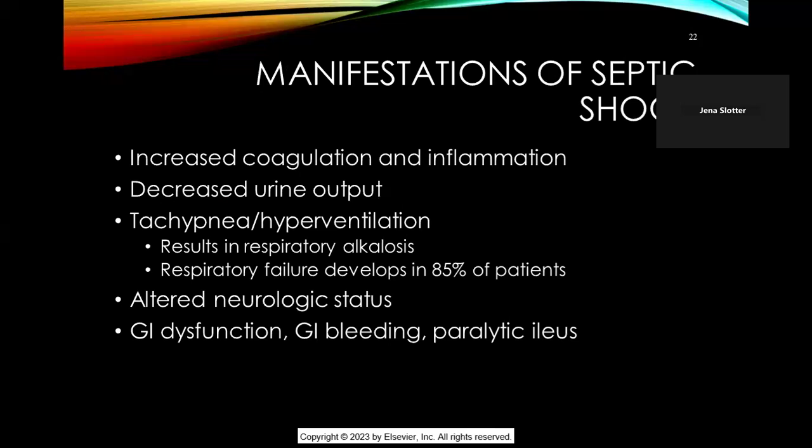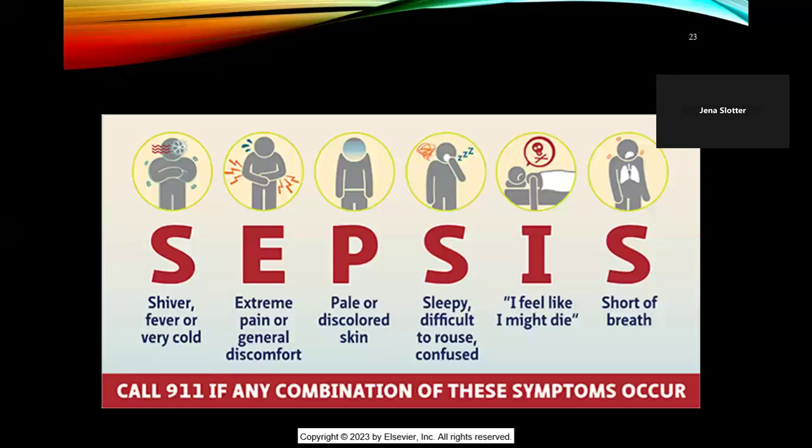They are going to have altered neurologic status. You're still going to have a lot of that GI dysfunction that you'll have with the others. You might see GI bleeding, you might see ileus. It's an emergency, just like the others. Sepsis is a big deal.